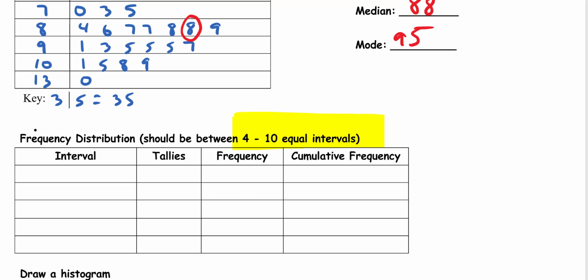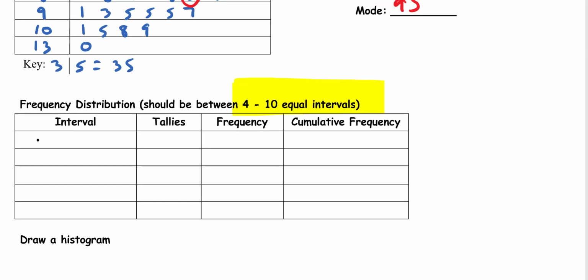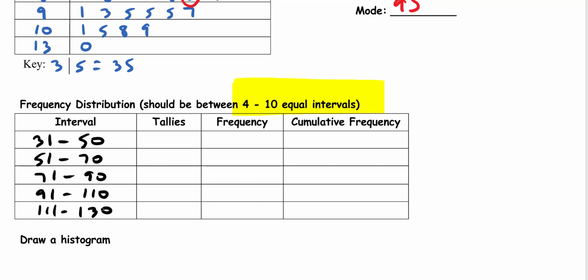So I'm going to do 31 to 50, 51 to 70, 71 to 90, 91 to 110, and 111 to 130. That encompasses everything. It barely gets the 130 in there, but it's 5 class intervals.